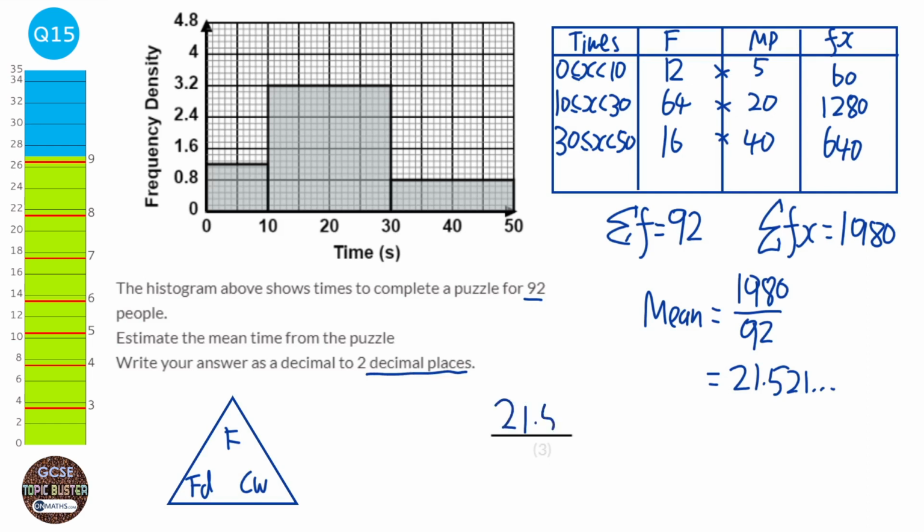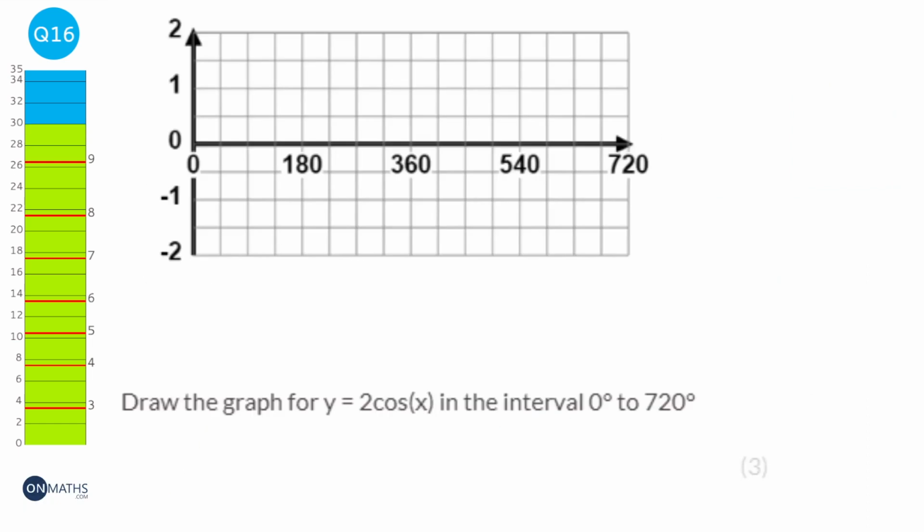Cos x starts at 1, and then goes down to 0 at 90, down to -1 at 180, then back up at 270, back up to 1 at 360, and then that just repeats forever.